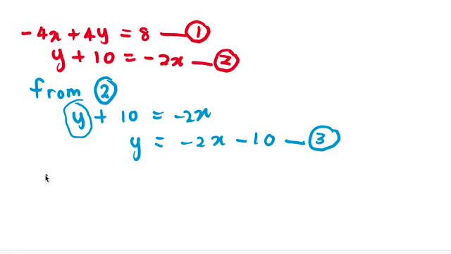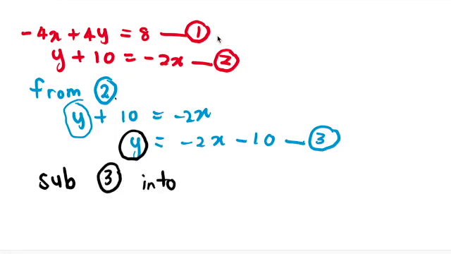So we can substitute, ganti nilai. Ganti nilai apa? Ganti nilai y ke dalam equation selain 2. Okay, because we want to substitute equation 3, we need to choose an equation other than 2 because 3 comes from 2. So we need to substitute 3 into 1.